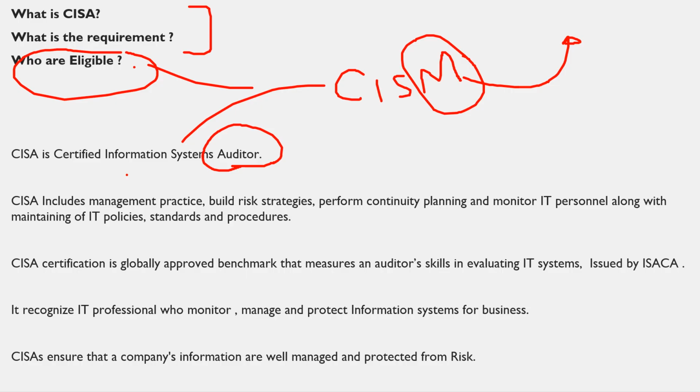Next, CISA certification is a globally approved benchmark that measures an auditor's skills in evaluating IT systems, and this certification is issued by ISACA. CISA certification recognizes IT professionals who monitor, manage and protect information systems for business. CISA ensures that a company's information is well managed and protected from risk.